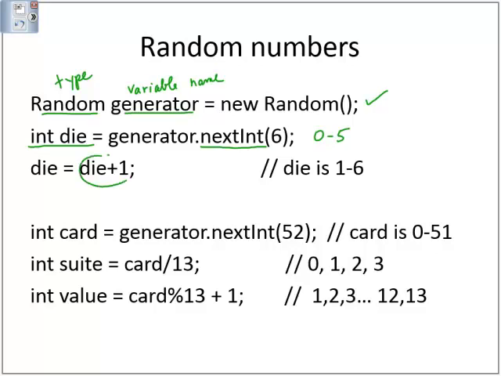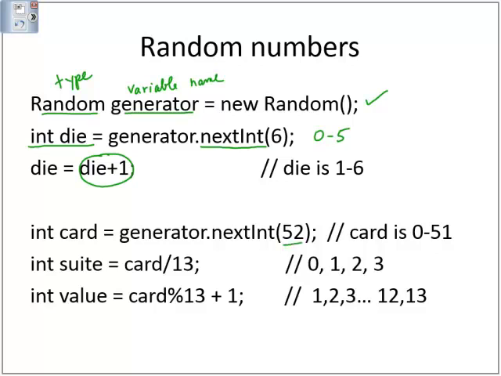If I wanted to simulate a card drawn at random from a deck of cards, since there's 52 cards in the deck, I would say generator.nextInt(52), and that would give me a value from 0 to 51. And if I wanted to get whether it was a heart, spade, diamond, or club, I could divide by 13.